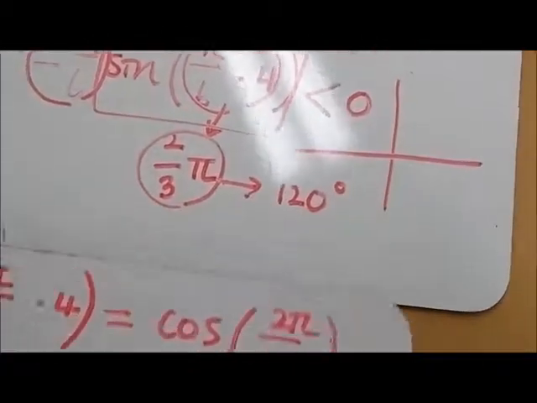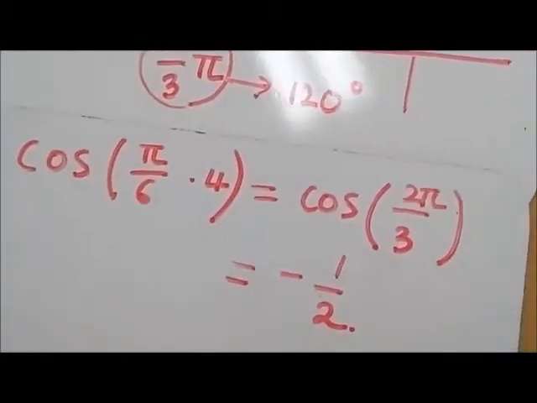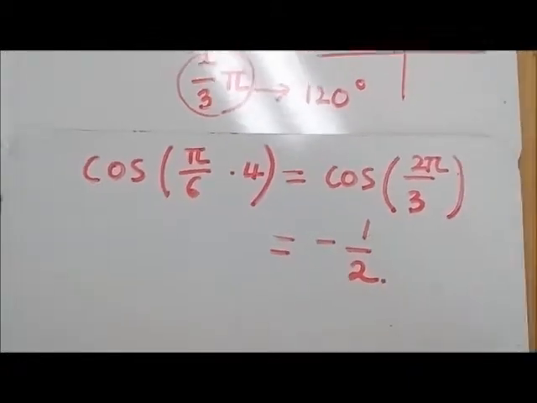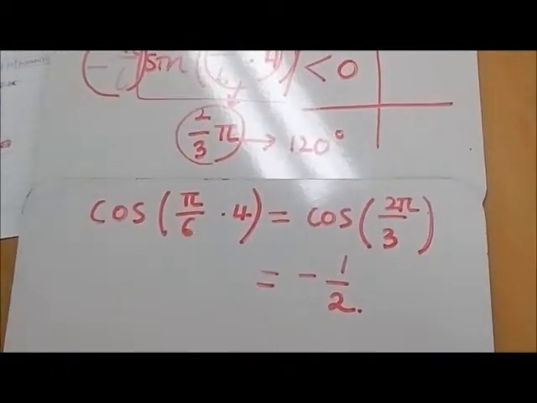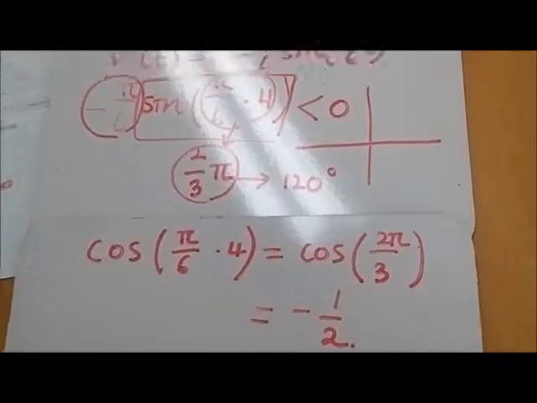And as you can see, both v of t and a of t have negative signs. Both have the same sign, thus the speed would be increasing.